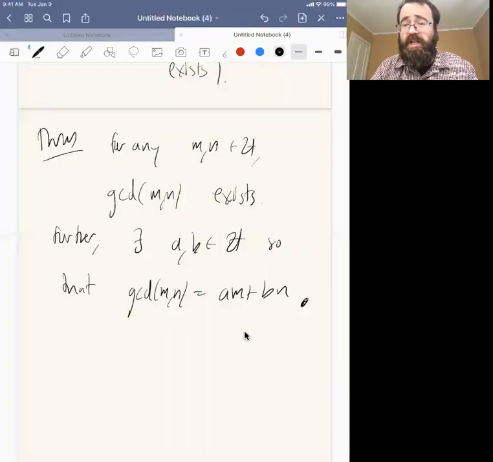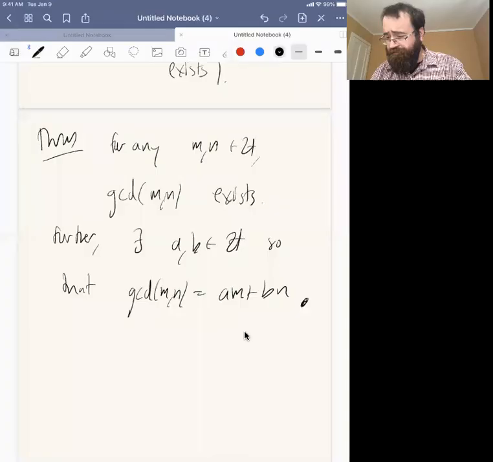We'll talk a lot about the meaning of that, and especially its consequences for modular arithmetic and other areas of algebra as we move forward. But let me pause and suffice to say that this is a very significant fact that we will return to and use often. So you get the existence as well as some sort of deep fact about how the GCD is constructed. We'll prove them together when we prove this theorem.